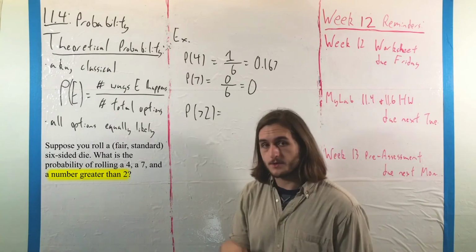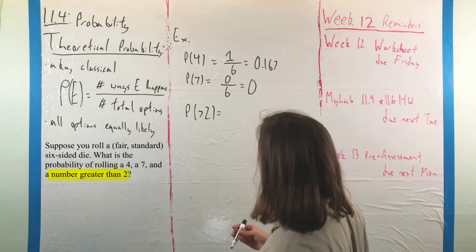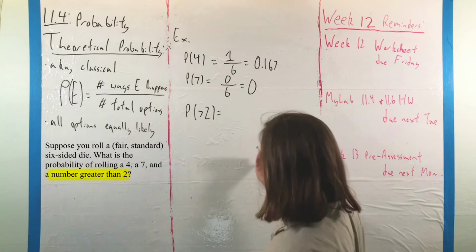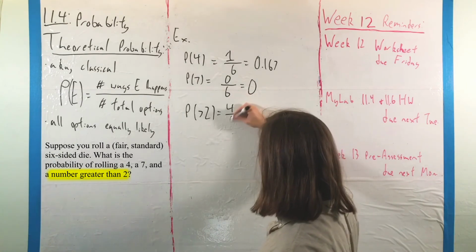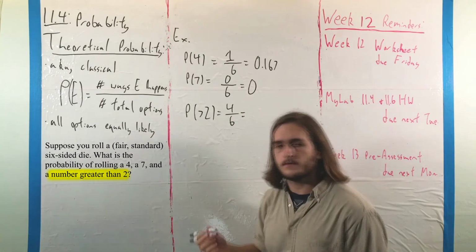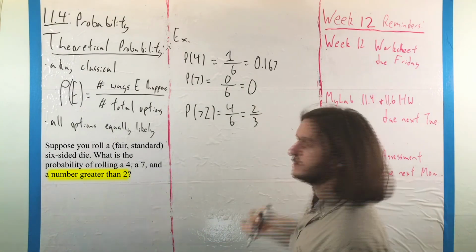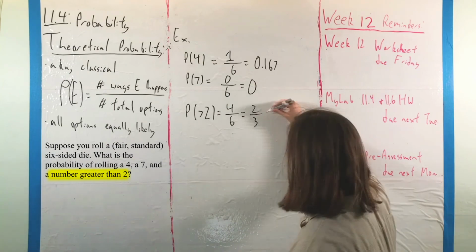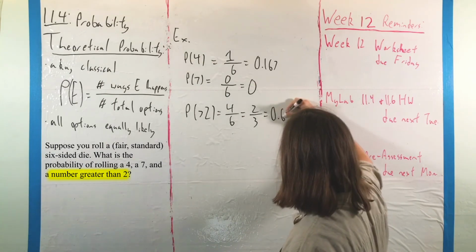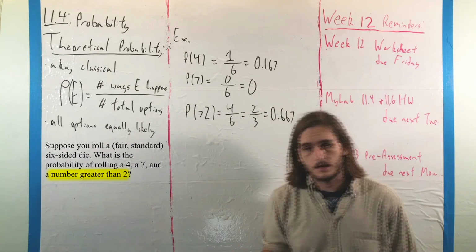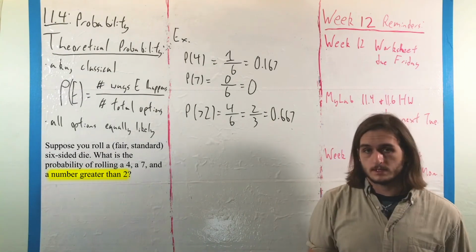So if we have those other things that we can possibly get on that dice roll, well, we've got 4 out of 6. Or if we prefer, we can reduce that down to 2 out of 3. Or, if we really prefer, we can represent that with a decimal, 0.667.